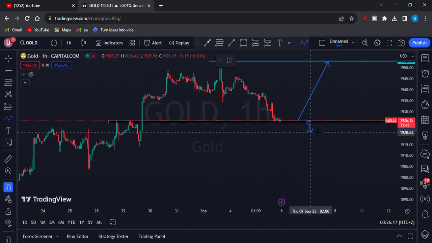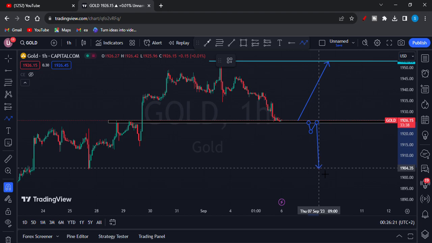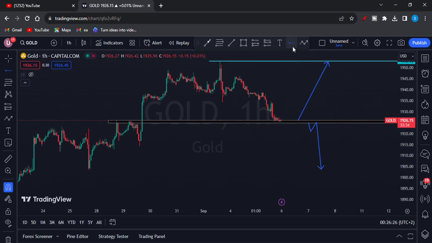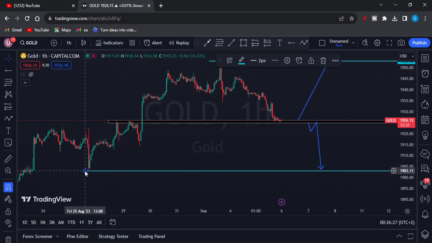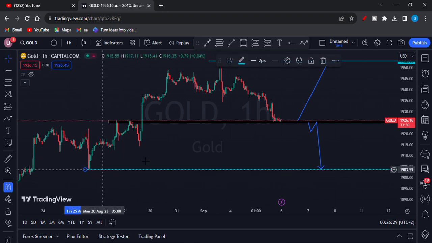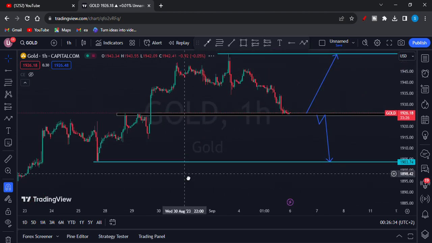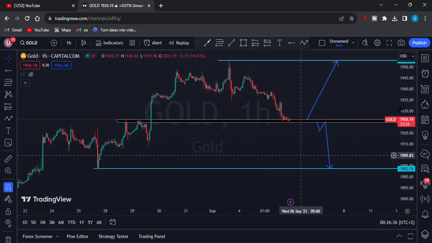Maybe break, retest, and then sell up to here. That's my analysis. That's what I'm going to look out for on gold at the moment.